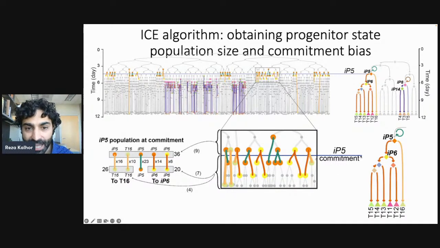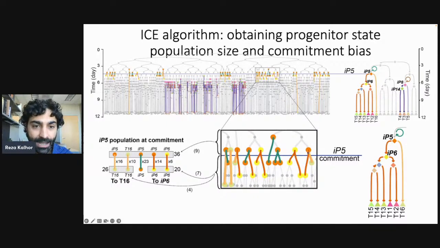But because we know this is IP5's commitment time, and technically IP6 can only exist after IP5, if we are assigning this as IP6, this may easily be a sampling stochasticity or error, right? So we consider all of these branches that are crossing this and relate to any of these states downstream of IP5 to represent cells from IP5.